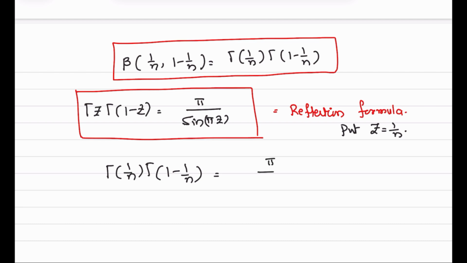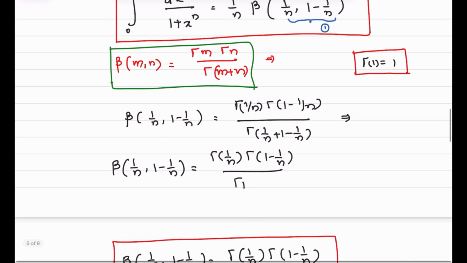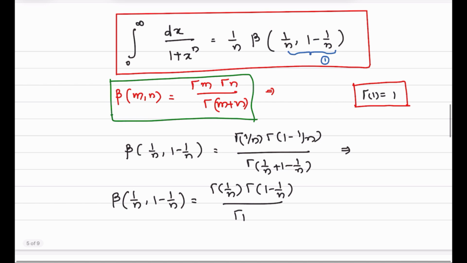Pi by sin pi into 1 by n. Do you agree? Hence, ultimately we have to find out the value of this one.